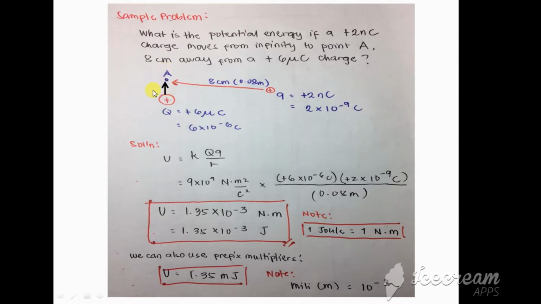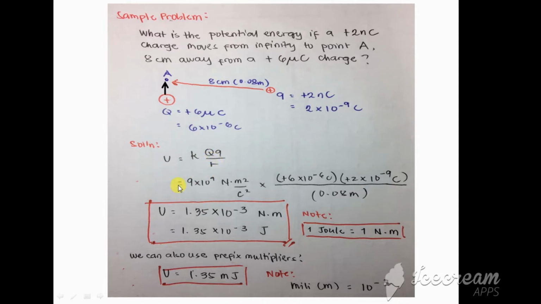Now, we are asked to find the potential energy, or more specifically, the electric potential energy. Okay, so the solution, using the formula: U is equal to k, the Coulomb's constant, times the point charge, times the test charge, over the distance.